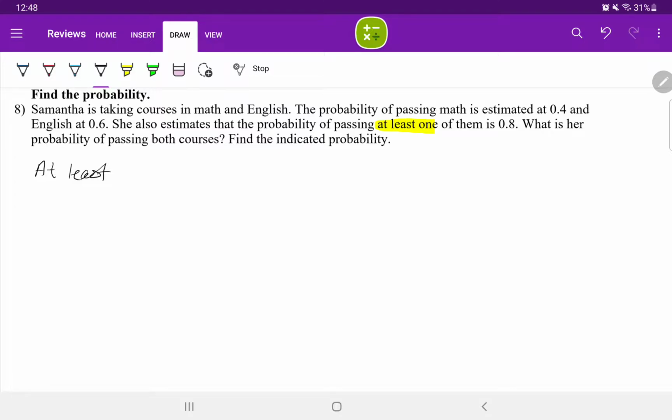So if I say at least one of the courses, find the probability of Samantha passing at least one of those courses, that is equal to Samantha passing one of the courses or passing both courses.